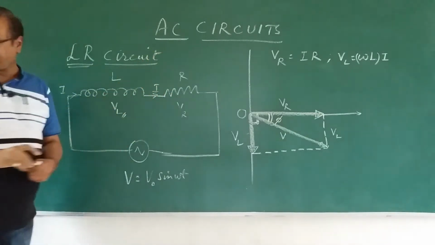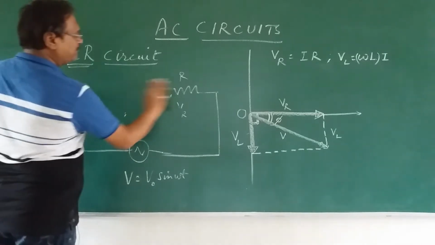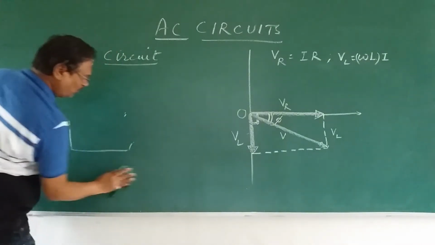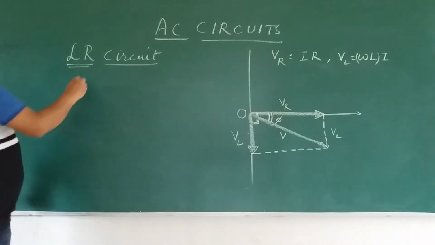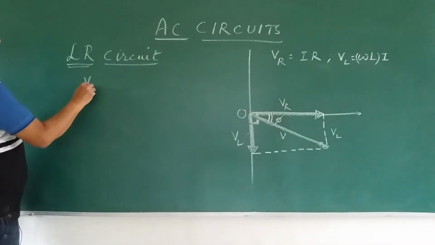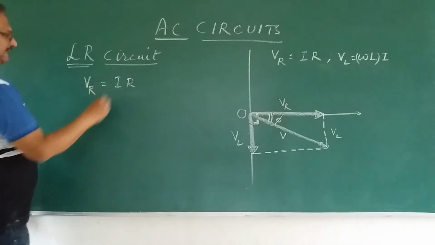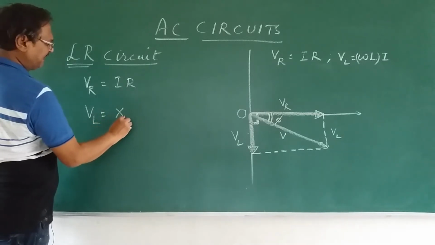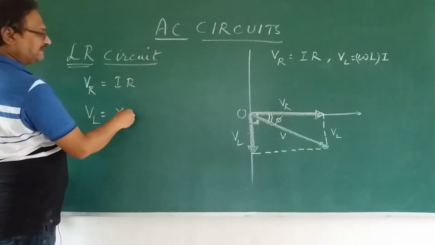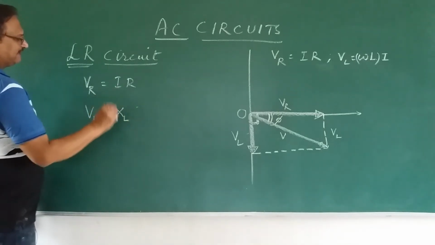Let me write it here; I can erase this diagram. Using Ohm's law across the resistor, VR is IR. Next, VL is equal to XL into current I, or I into XL.